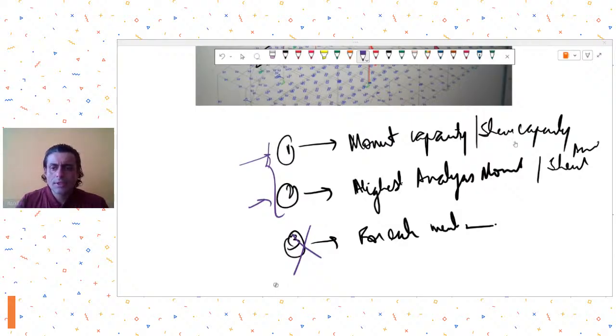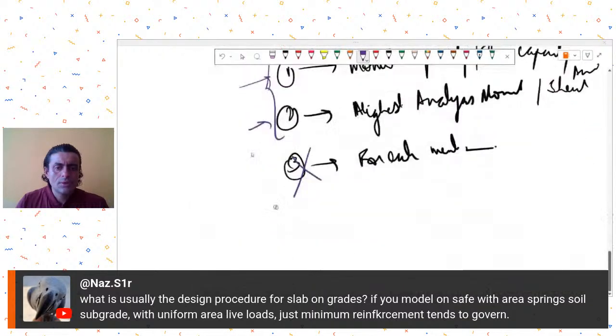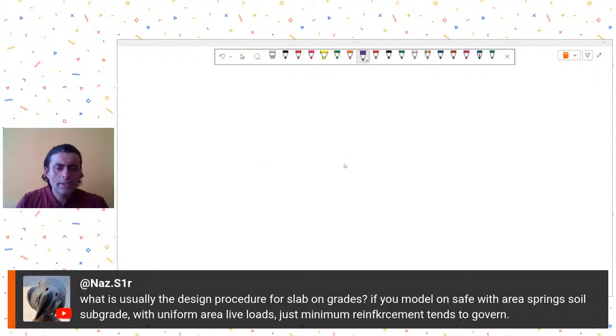I'll just take the other query that has been asked. So, NAS S1R, he's asking, he or she, I don't know. The question is, what is usually the design procedure for slab on grades? If you model on SAFE with area springs, soil subgrade with uniform area live loads, just minimum reinforcement tends to govern.